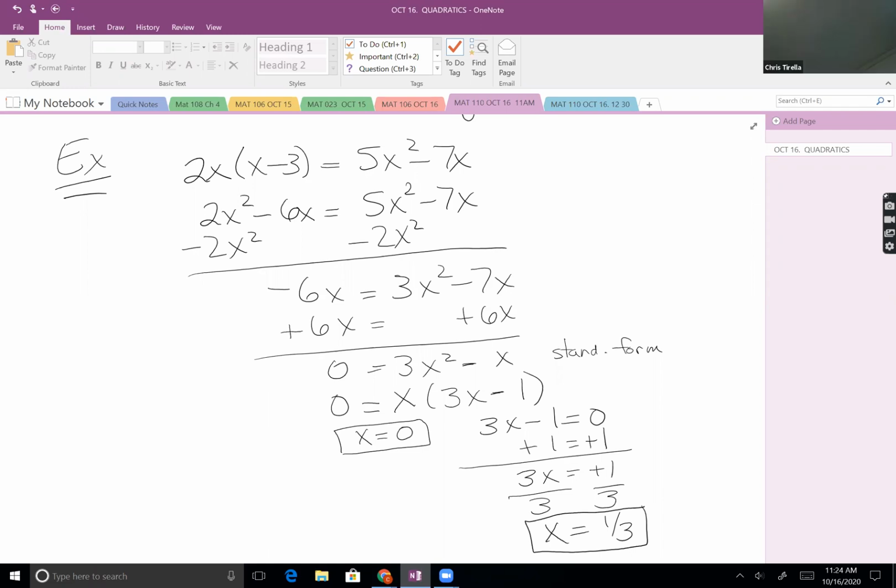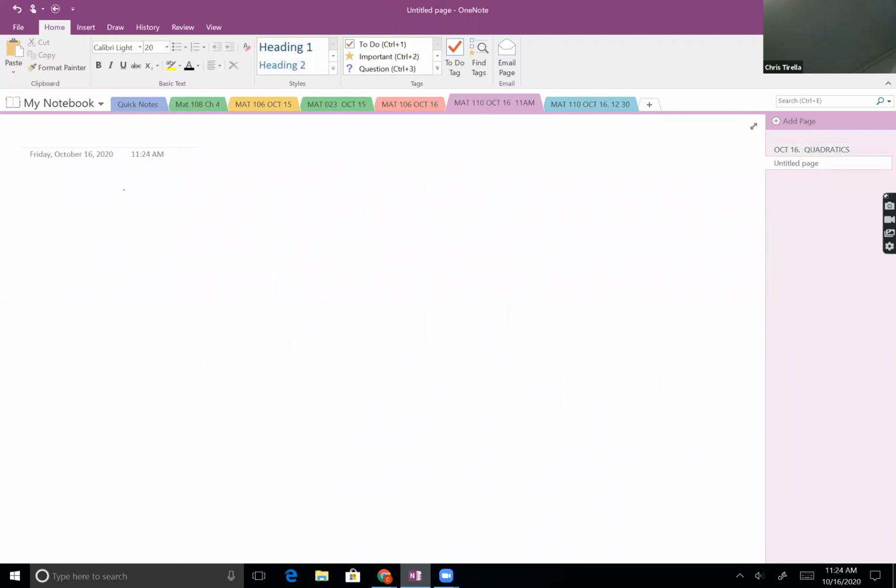Then if everybody's comfortable with solving by factoring, I think last class we alluded to the second method, and that's to use the square root property.